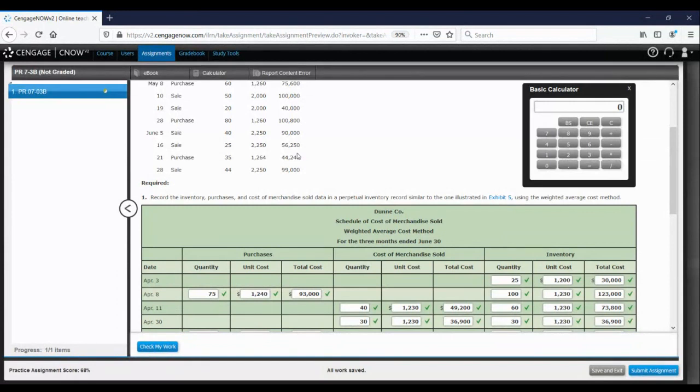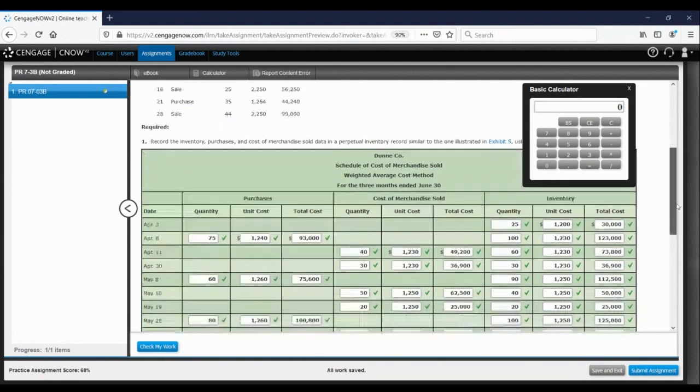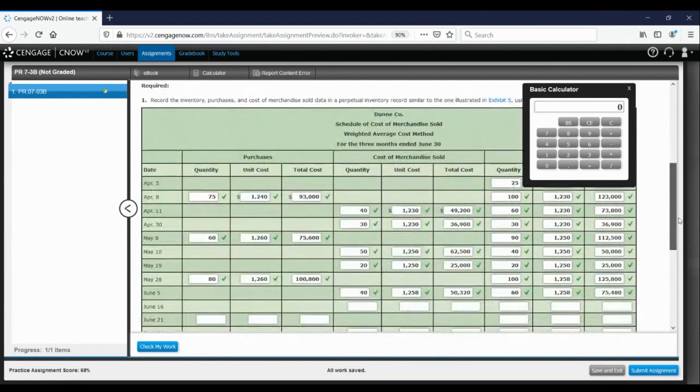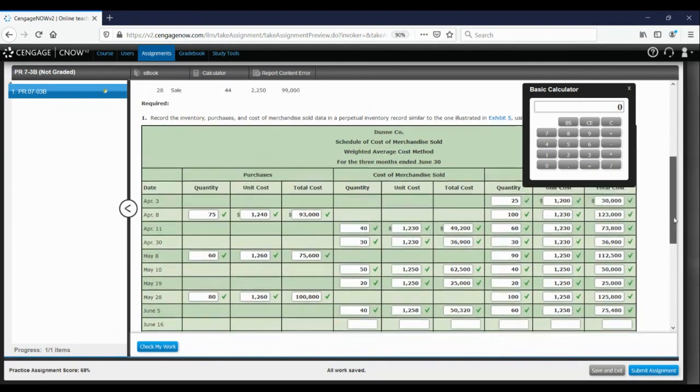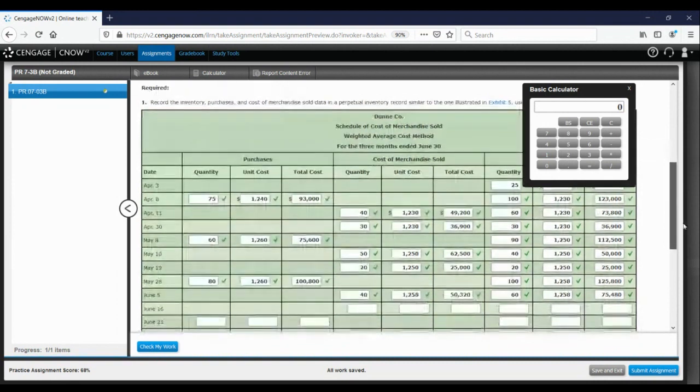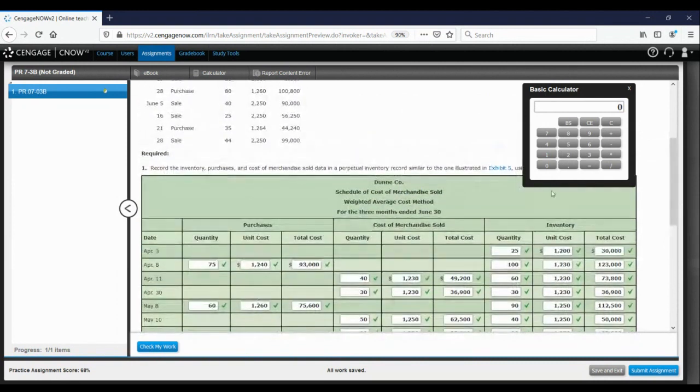In addition to that journal entry, we would have to create another journal entry where we debit the cost of merchandise sold for the amount. And so you're going to have to figure that amount. And again, this was on June 16th.